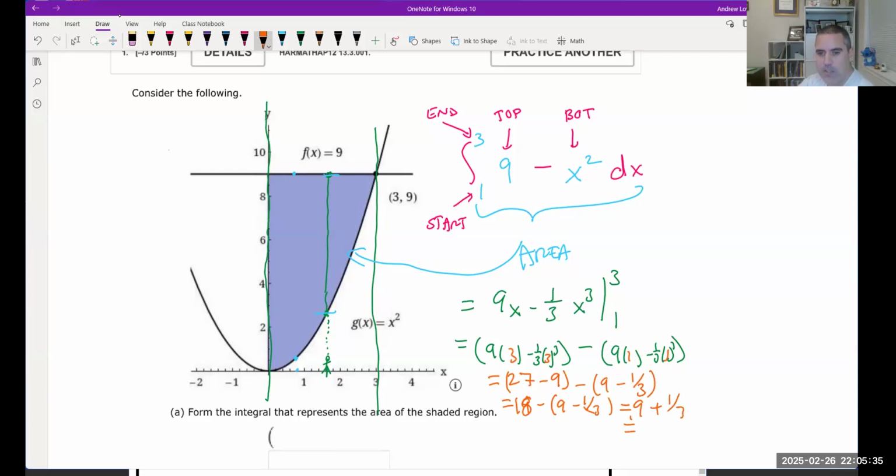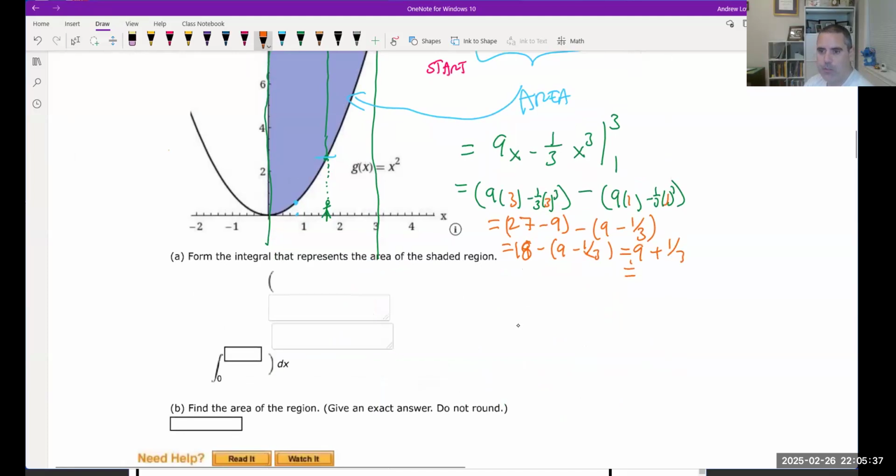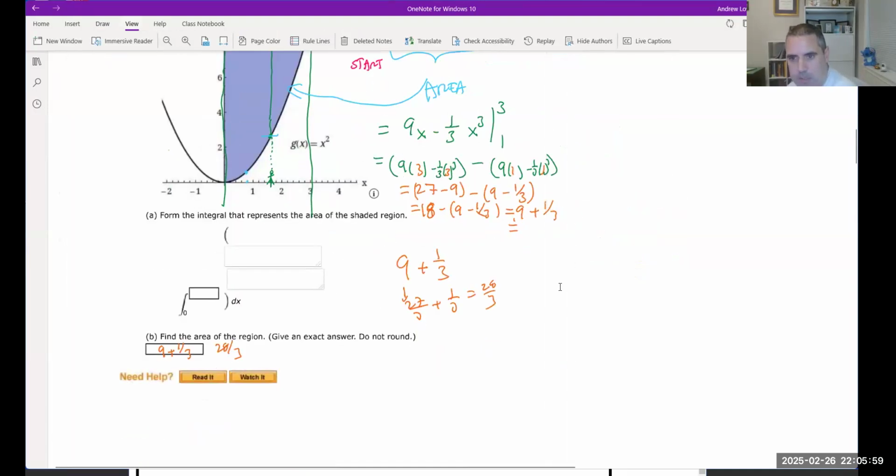WebAssign wants an exact answer, I assume. So you'd have to figure out how to, I think you can even type this into WebAssign and it accepts it. We can get a common denominator, 27/3. 28/3, success. In the exam, I'll accept a decimal, that's fine.